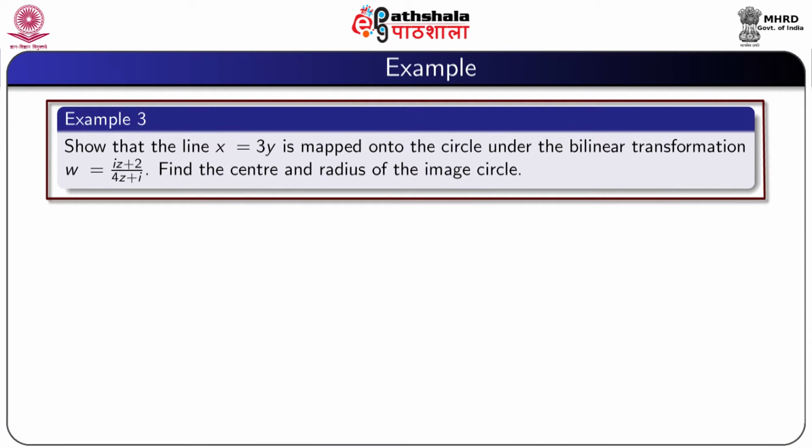So, another example: show that the line x = 3y is mapped onto a circle under the bilinear transformation W = (iz + 2)/(4z + i). Also find the center and radius of the image circle.